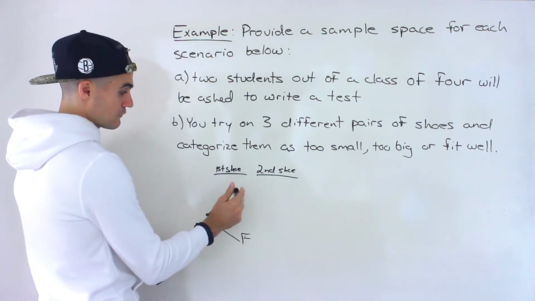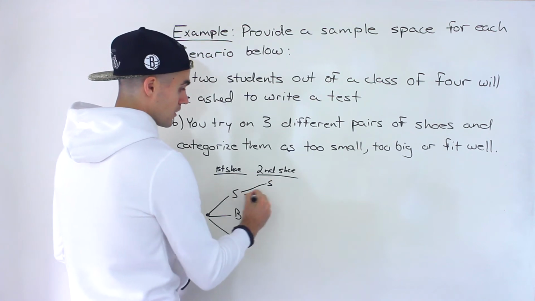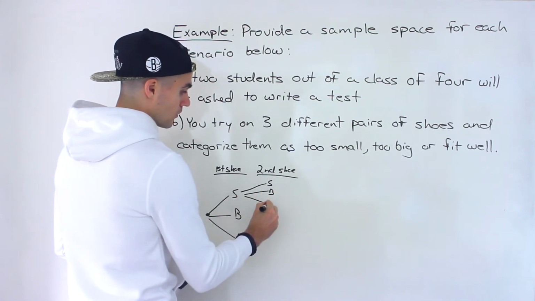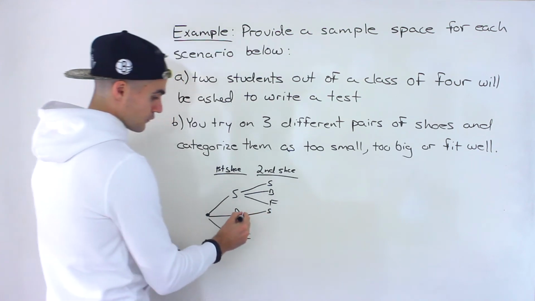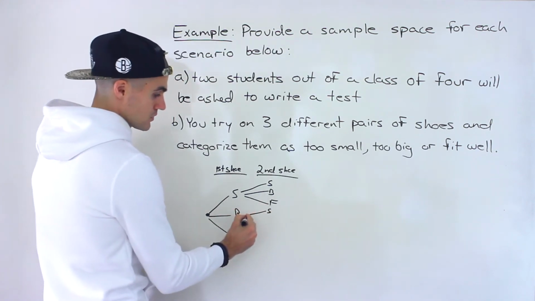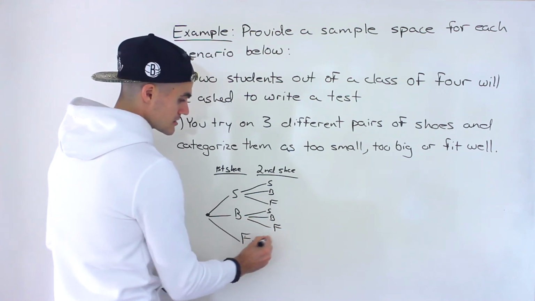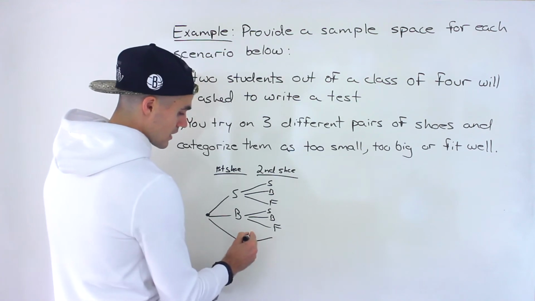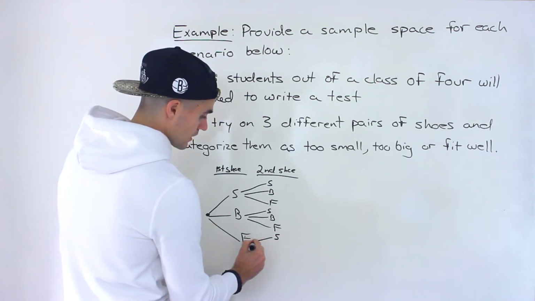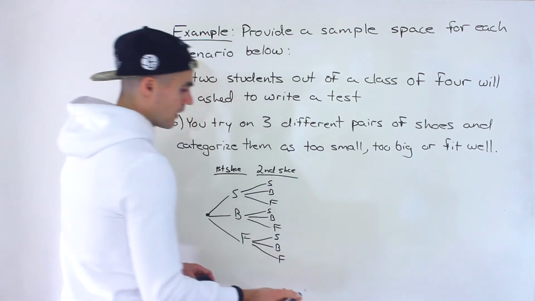So if the first shoe is too small, well, the second shoe can be too small. It could be too big, or it could fit well. And then this one as well. If the first shoe is too big, well, the second shoe can be too small, too big, or fit well. Same thing here. If the first shoe fits well, then the second shoe can be too small, too big, or fit well.